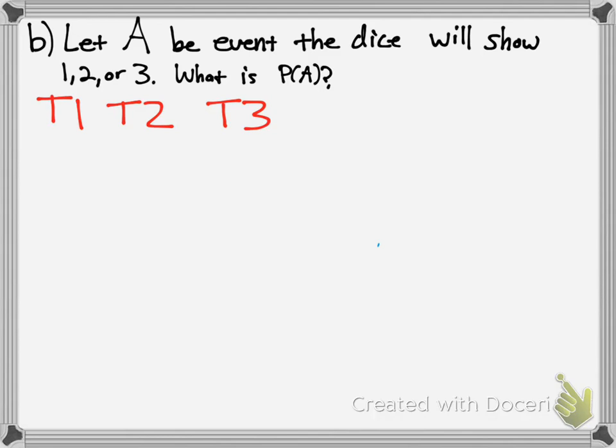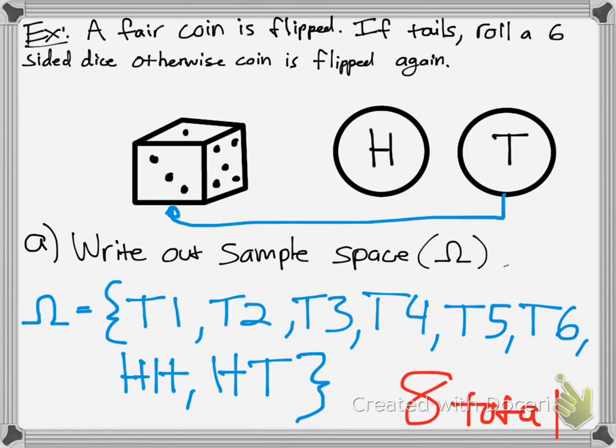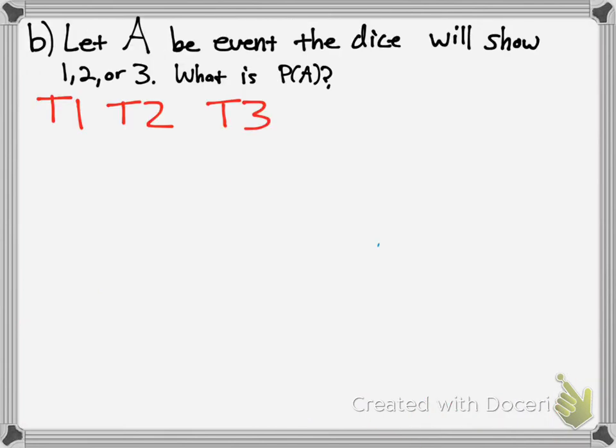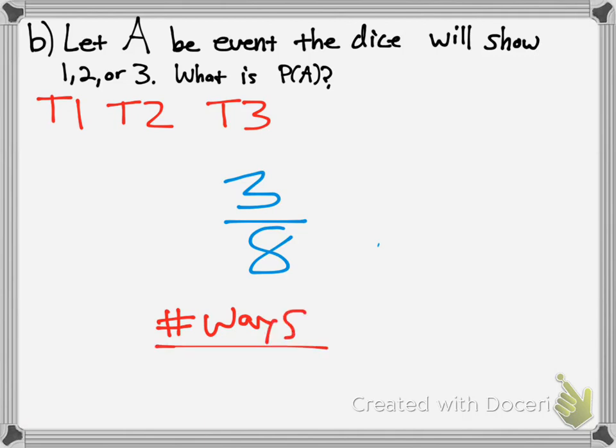Those were these 3 options out of the total of 8. So you have 3 out of 8. That's your answer. Another way to think about it is the number of ways over the number of outcomes, and that's the probability of A.